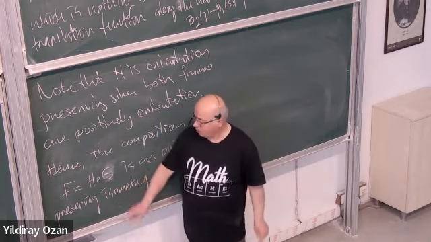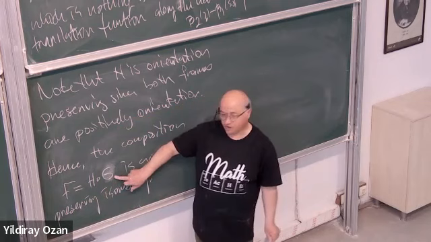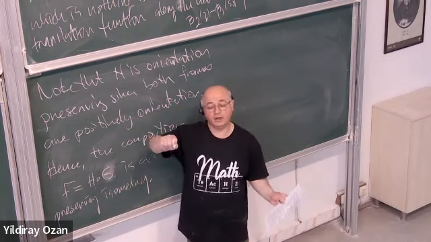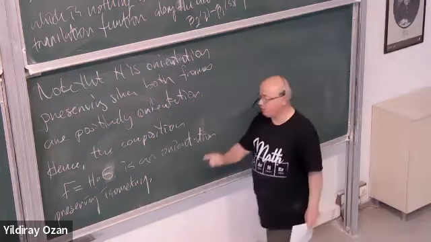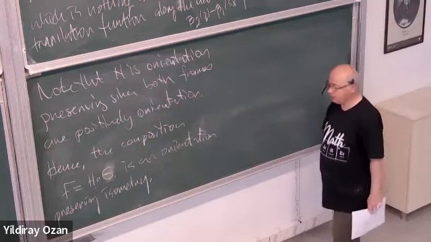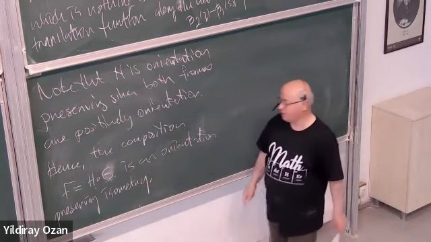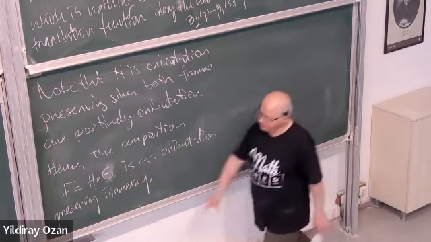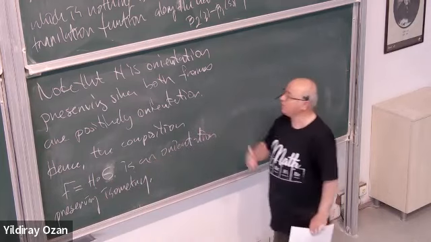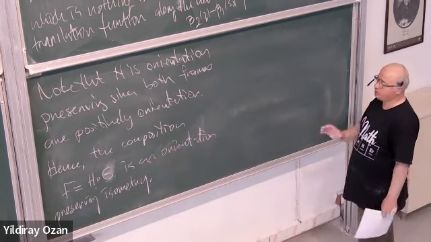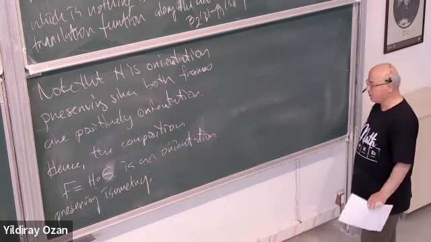Because G is just a translation and H is an orientation preserving orthogonal linear map, and its composition is an isometry. And since H is preserving the orientation, F is preserving the orientation, therefore it's an orientation preserving isometry.